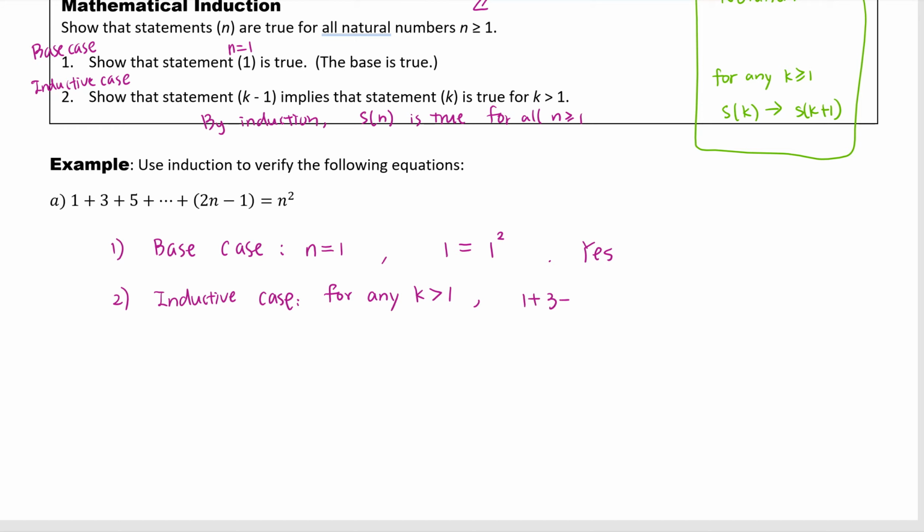So we have 1 plus 3 plus 5 plus up to 2 times, and we replace n by k minus 1. Here, the typical error is to forget the parentheses. So this is actually 2 times k minus 1, minus 1, which is 2k minus 3.